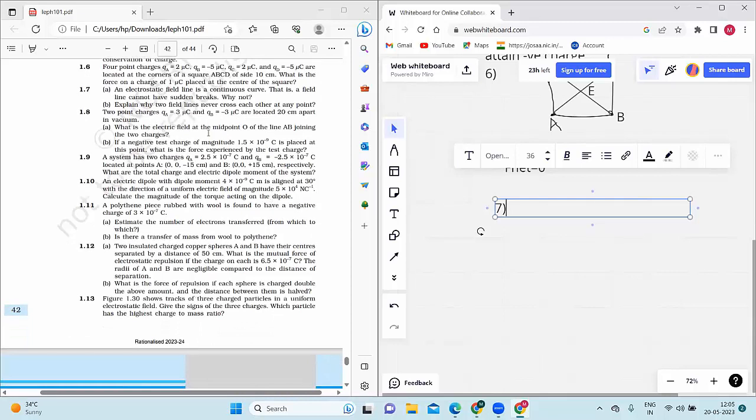Two point charges, QA equal to 3 microcoulomb and QB equal to minus 3 microcoulomb, are located 20 centimeters apart. What is the electric field at the midpoint of the line AB joining the two charges? As we know, the formula for electric field is KQ by R square.